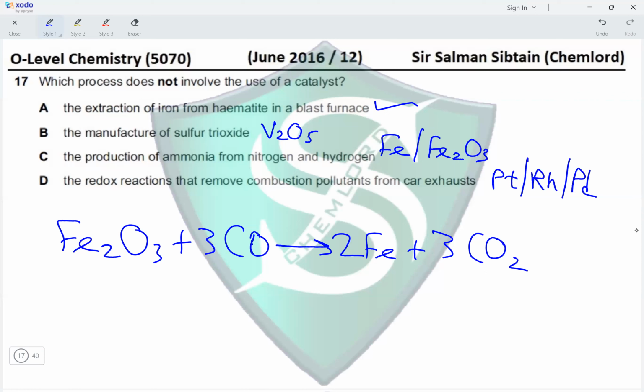So the only process that does not involve the use of a catalyst is the extraction of iron from hematite in a blast furnace, making option A the correct option for this question.